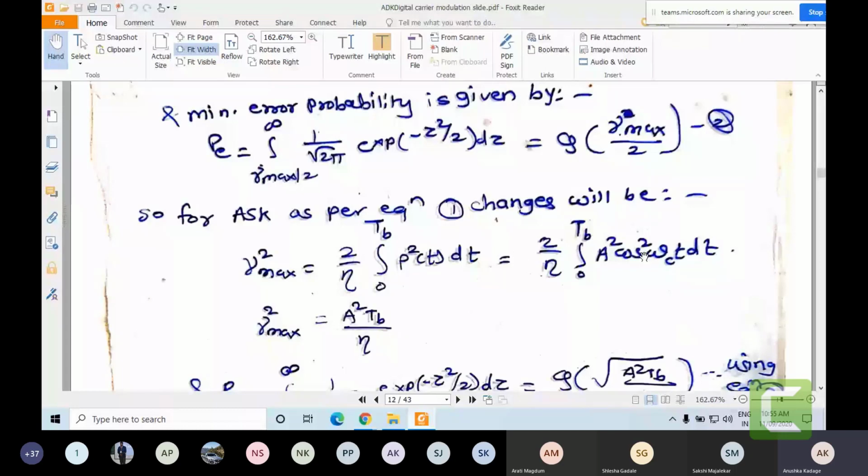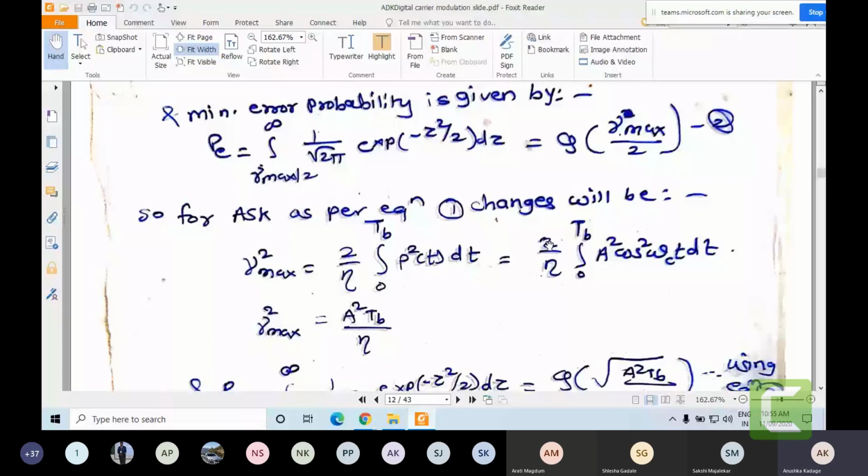So here this A square cos square omega ct is multiplied with 2, but that 2 is constant, so it is taken outside the integration value. And this eta is going to represent the value of GNF. GNF is nothing but what?